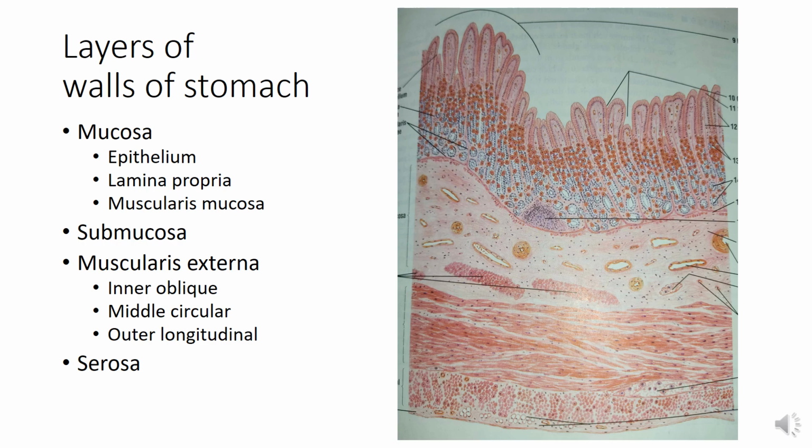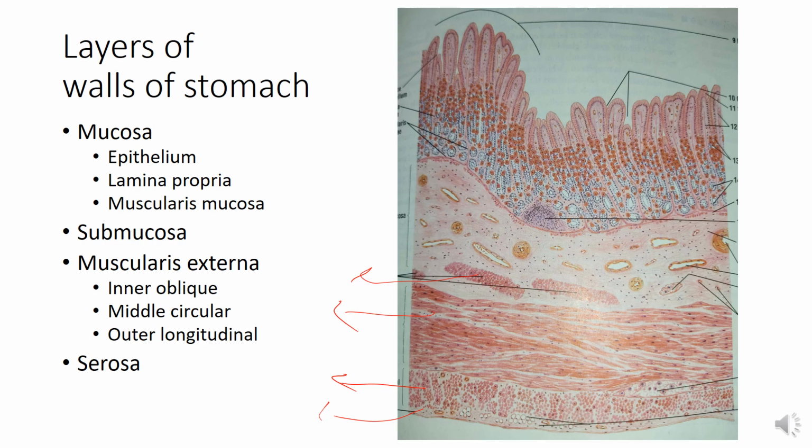So layers of the walls of stomach, a quick review. It consists of mucosa, submucosa, muscularis externa and serosa. Now in mucosa lies the epithelium, lamina propria and muscularis mucosae. And then the muscularis externa also consists of three layers, that is the inner oblique, middle circular and outer longitudinal, and serosa, as I have told you in the previous video, consists of connective tissue and the lining epithelium.